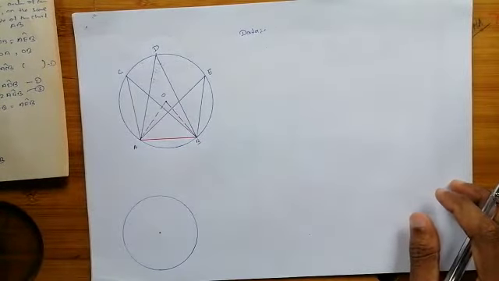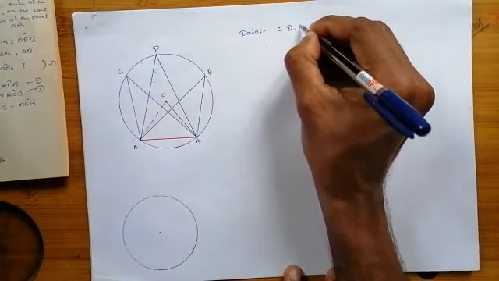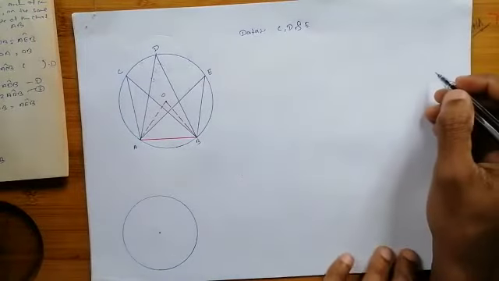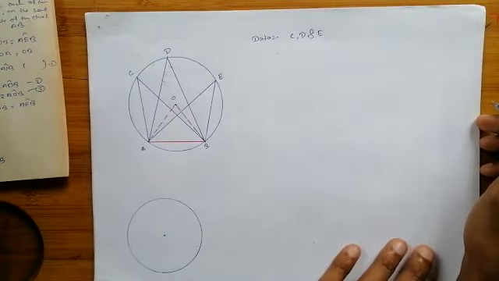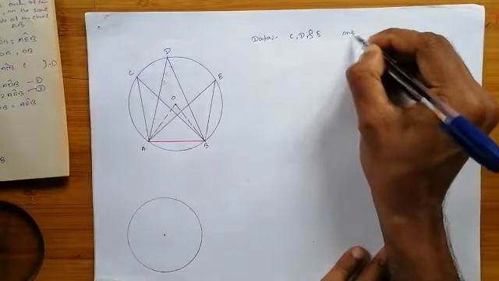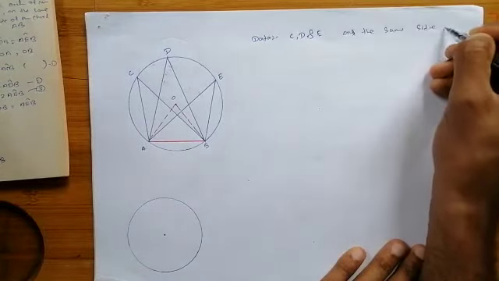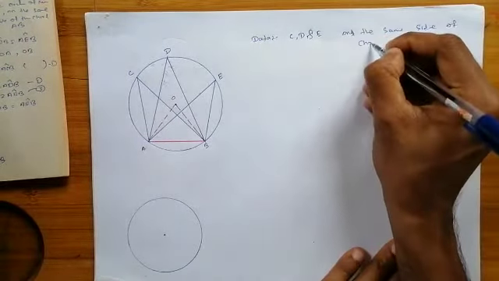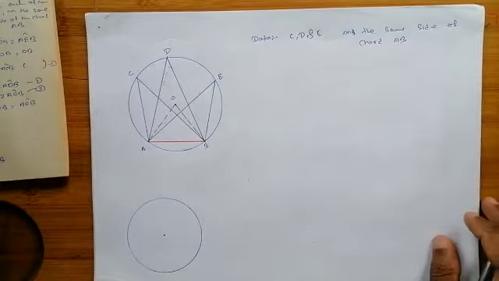The points C, D and E lie on the circle of center O, on the same side of chord AB.